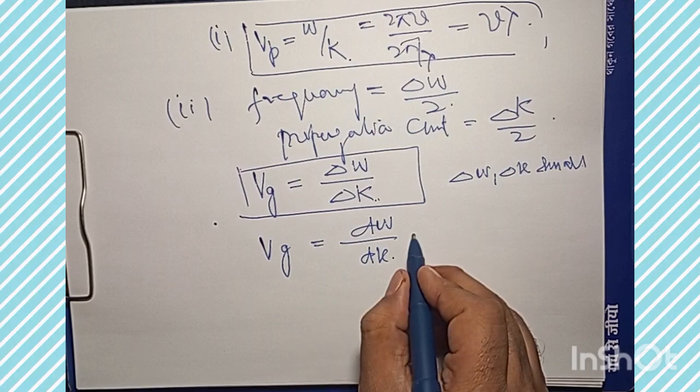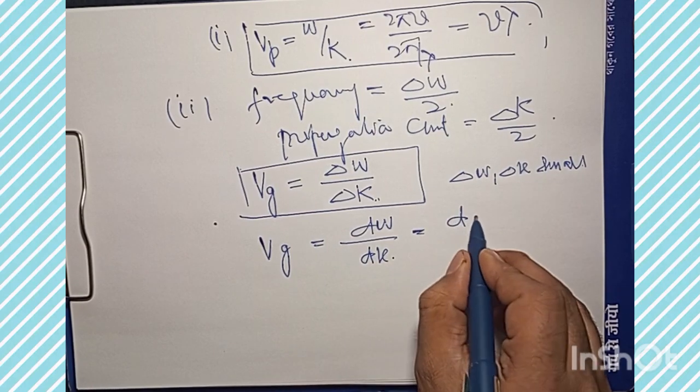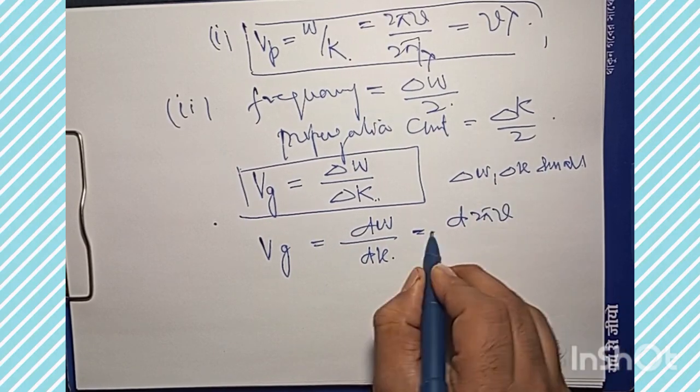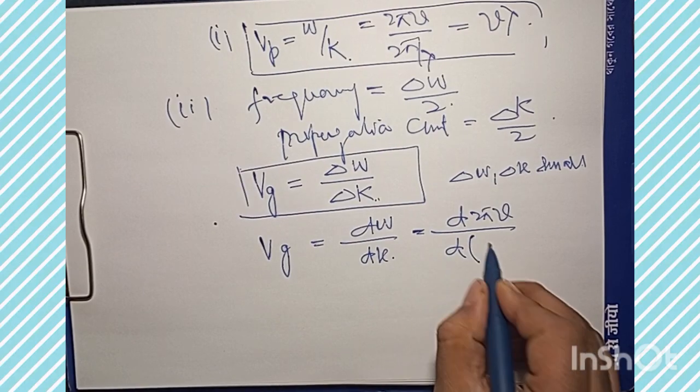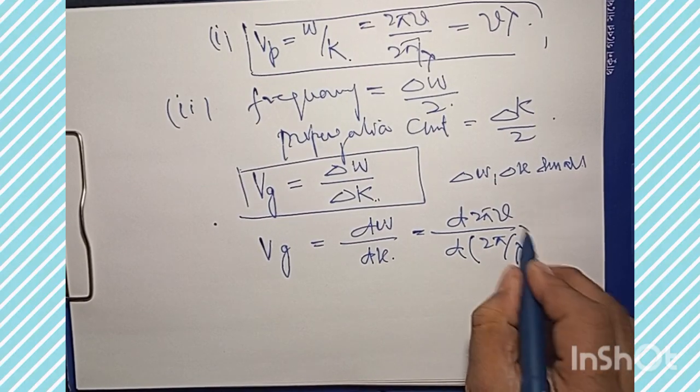Now if we break down this omega, this is d of 2 pi nu by d of k. For k, we have 2 pi by lambda.